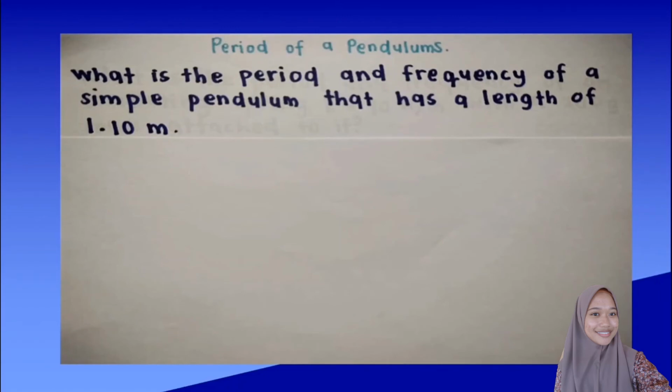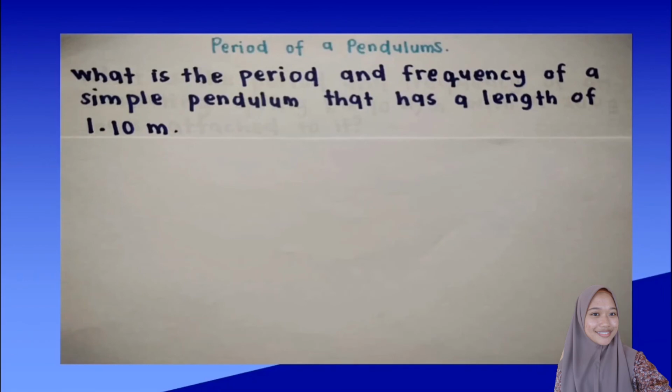So kita gunakan formula the period of simple pendulum iaitu T equal to 2 pi square root L over G. So dia dah bagi dia punya length dia ialah 1.10 meter. So kita gantikan masuk dalam dia. G equal to 9.81. Lepas tu kita dapatlah T dia equal to 2.10 second.